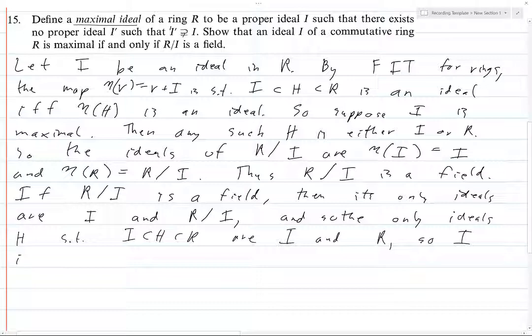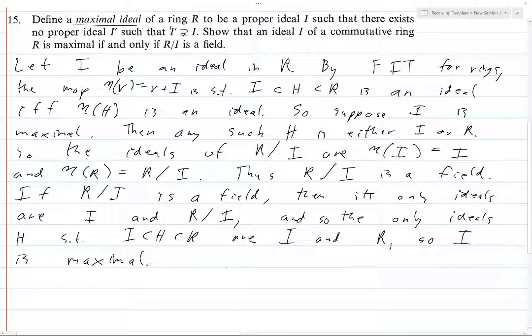So was there something else I want to say? Yes, we do use the fact that H is an ideal if and only if eta of H is an ideal, because that verifies that not only when we take ideals forward and backwards under the map do we get ideals, but in particular we know that eta of I is I and eta of R is R mod I. So we have two particular ideals in R which get mapped to ideals under eta.